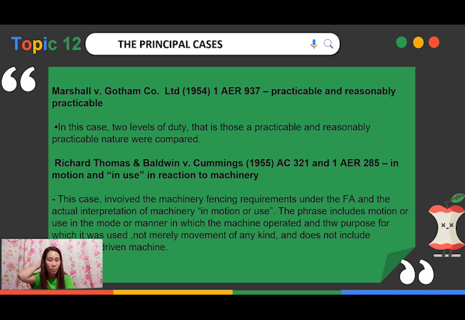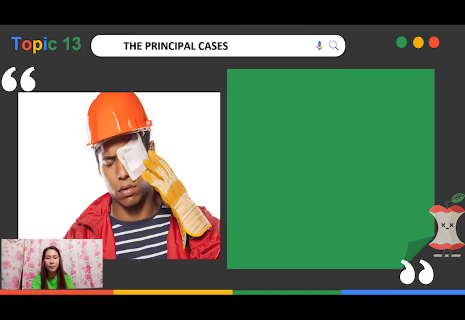In motion or use, the phrase includes motion or use in the mode or manner in which the machine operates and for the purpose for which it was used, not merely movement of any kind, and does not include movement of the parts by hand in the case of a power-driven machine.